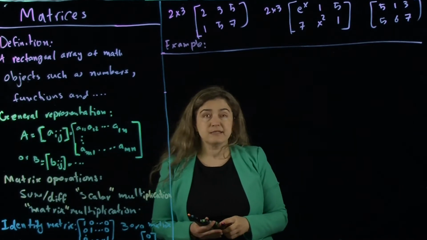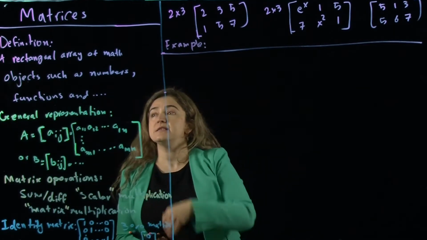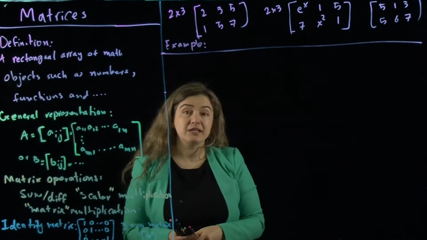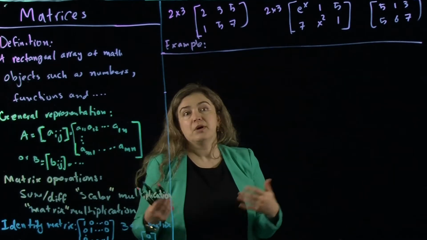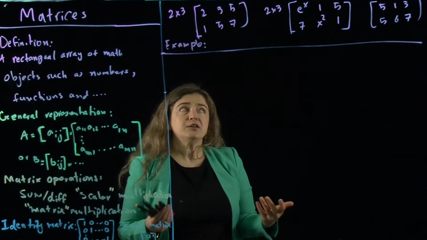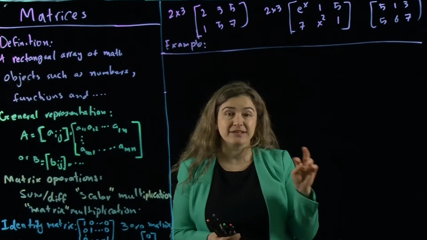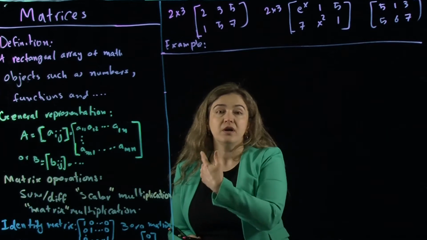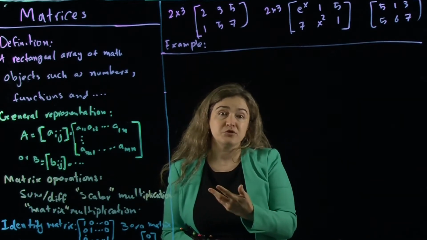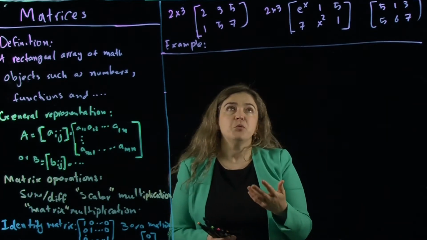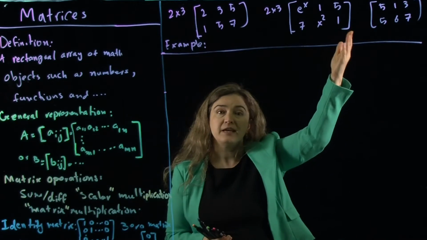Then the next part is let's discuss the general representation of a matrix. Normally, when we're trying to explain facts about matrices, or things that are always true about matrices, we don't want to give a specific example.